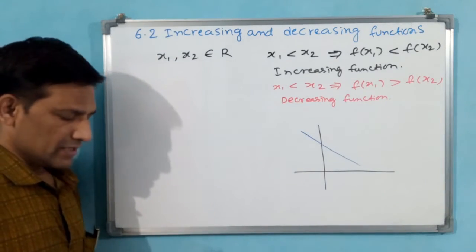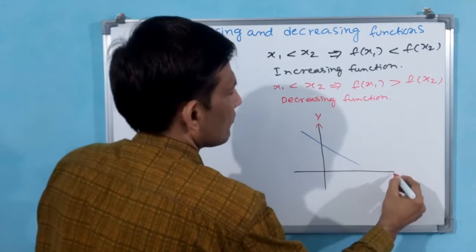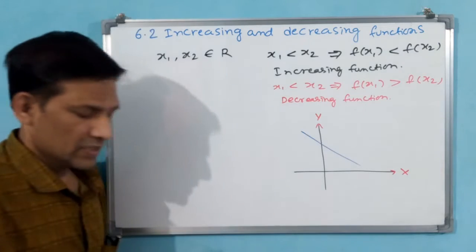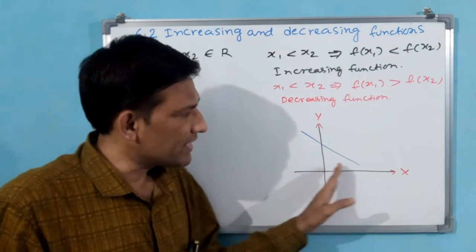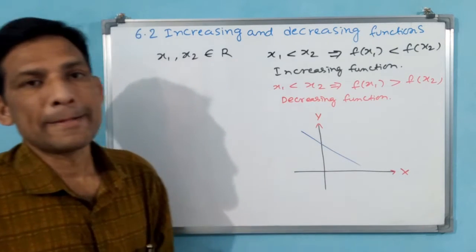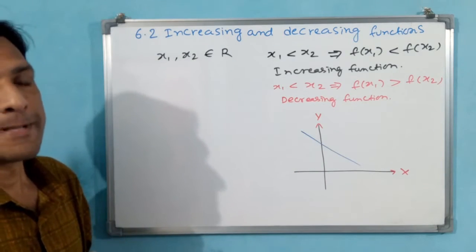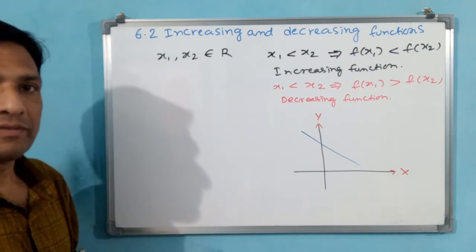This is a decreasing function. See here also x value goes on increasing, but y value goes on reducing, you see. You understand? This is called a decreasing function.